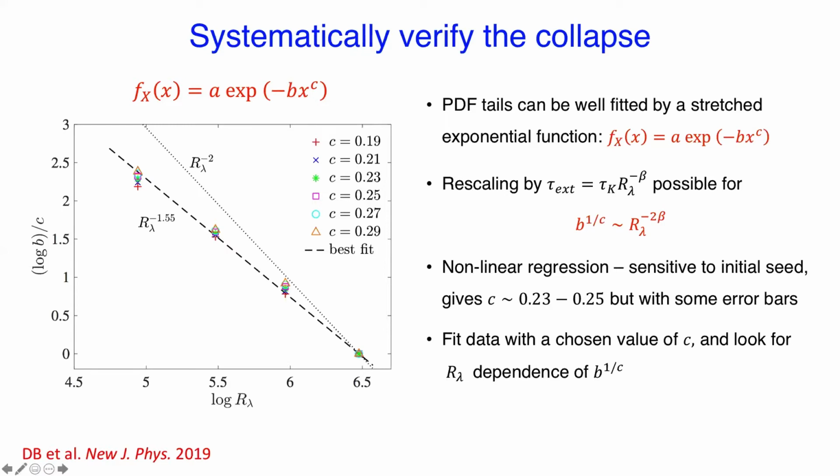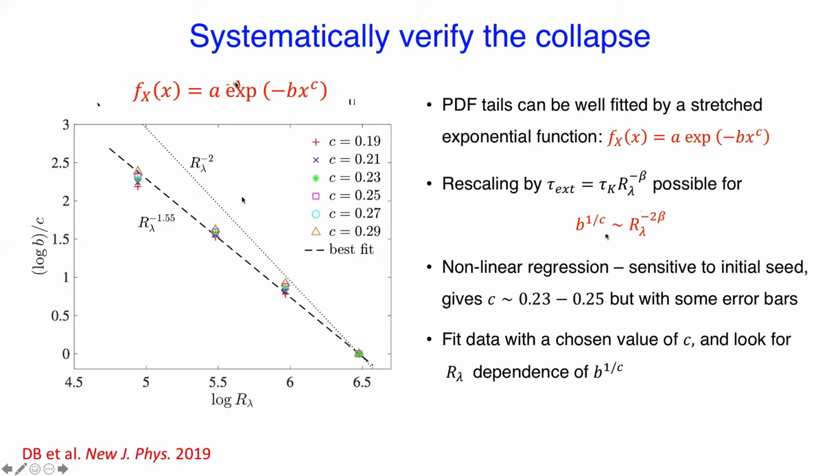And if we want to rescale the tails by tau_x, which has this additional factor of R_lambda, then one can show after some simplified math that this will happen if one gets b to the power 1 over c from these fitting parameters of the stretched exponential, that will go as essentially R_lambda to the power minus 2 beta.